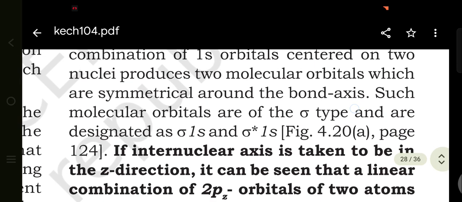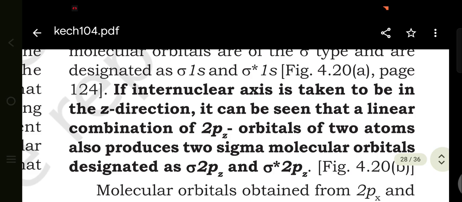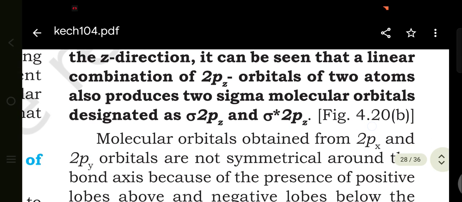Such molecular orbitals are of the sigma type and are designated as sigma 1s and sigma star 1s. If the internuclear axis is taken to be in the z direction, it can be seen that a linear combination of two pz orbitals of two atoms also produces two sigma molecular orbitals designated as sigma 2pz and sigma star 2pz.